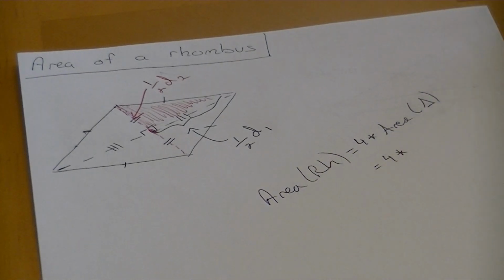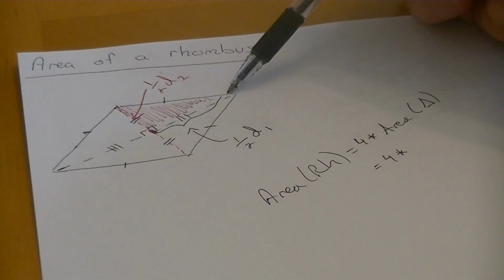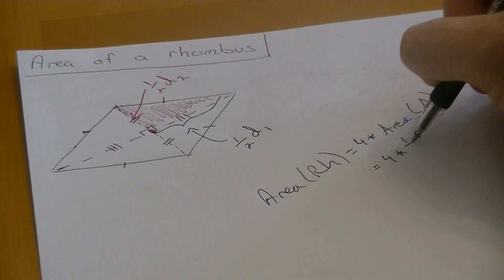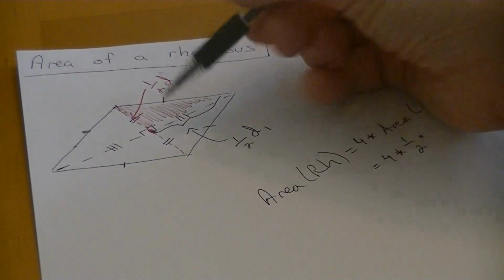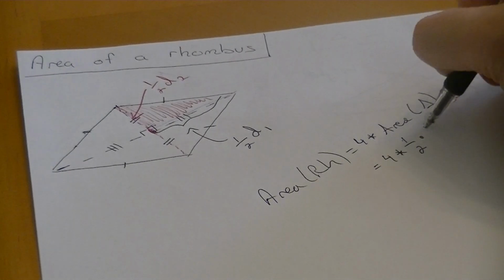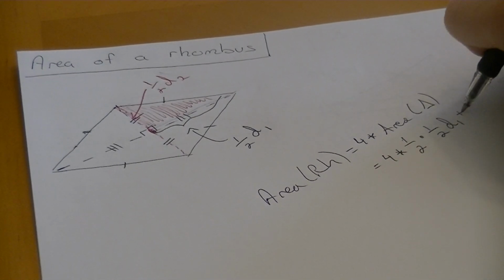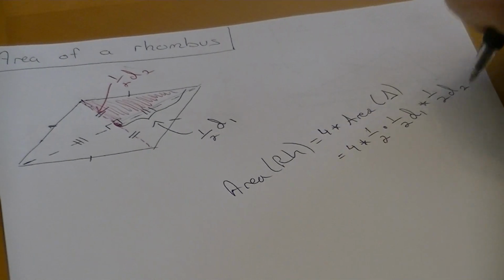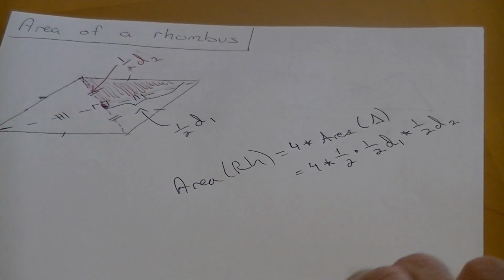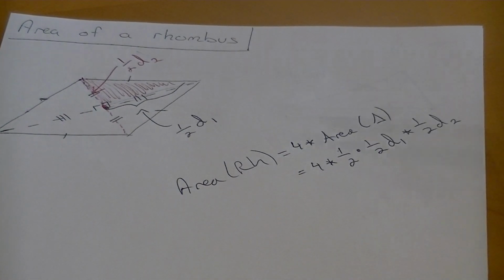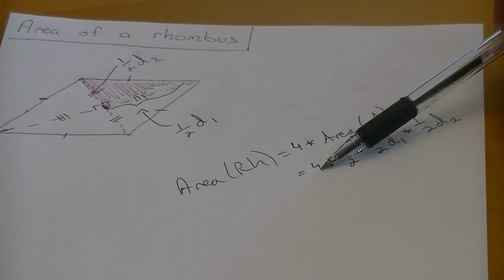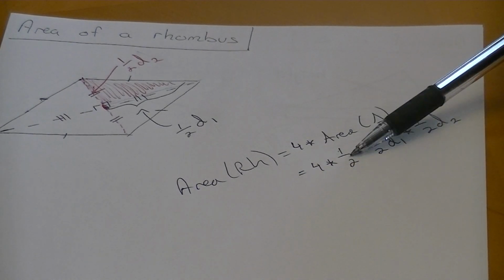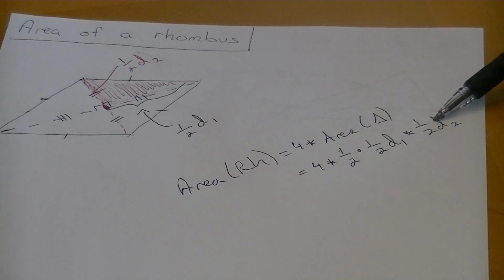4 times area of a triangle, from earlier in this video, is 1/2 times its base times its height. I know that's kind of messy there, but it's going to clean up nicely. 4 triangles, and each one of them has an area of 1/2 of its base times its height.